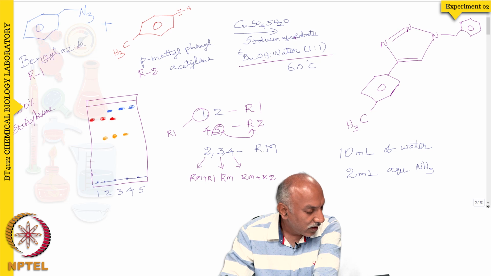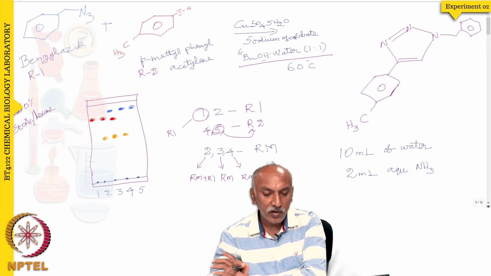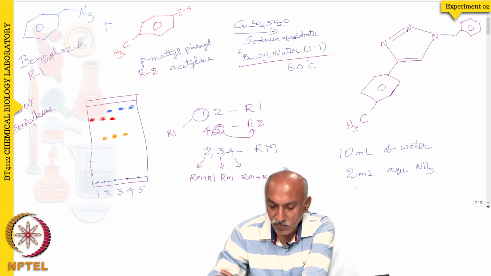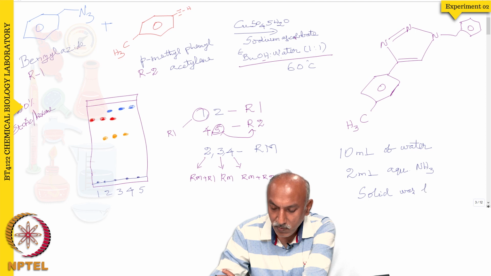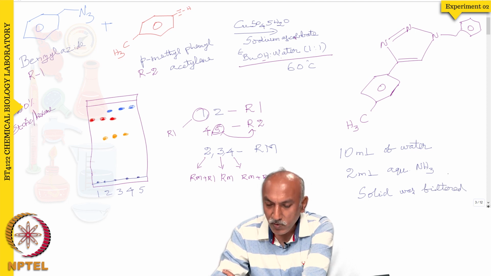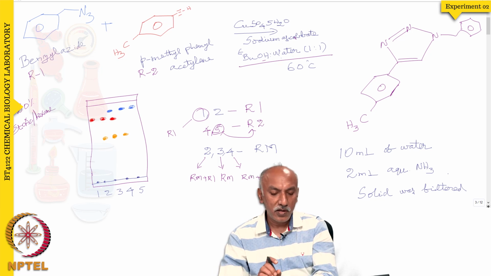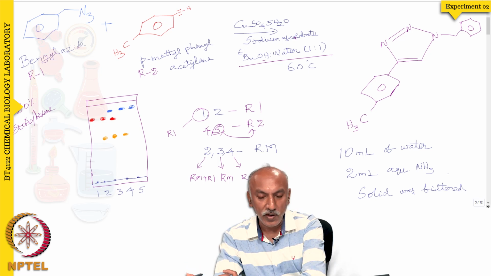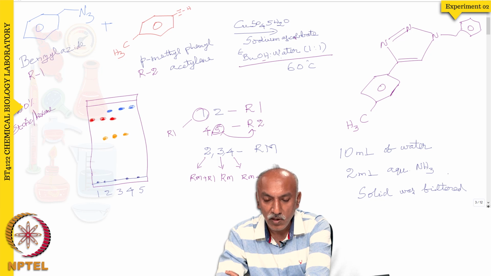After stirring for 5 minutes, the product becomes a solid. The solid was filtered through the Buchner funnel, and you can get the compound purified either by crystallization or anything.